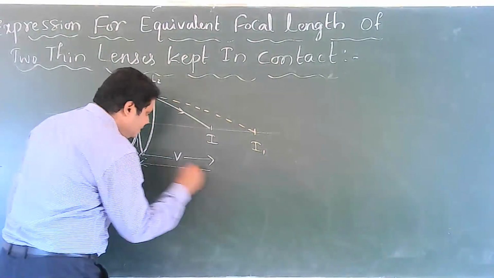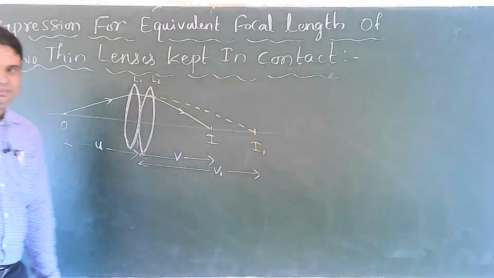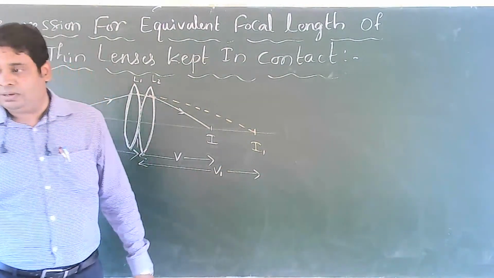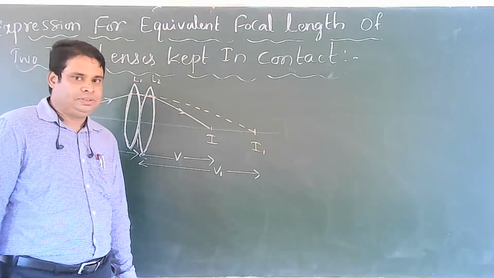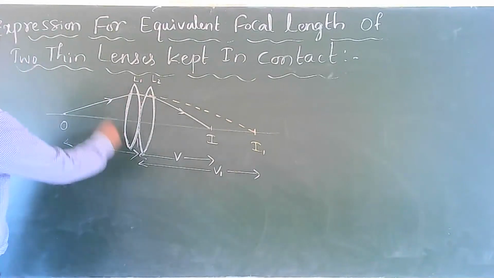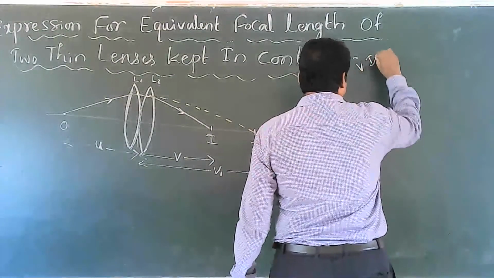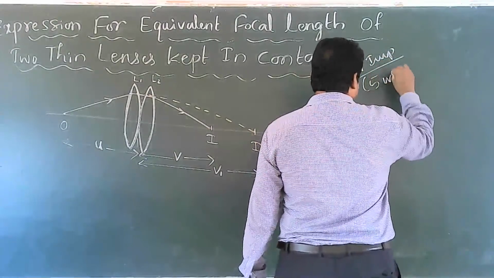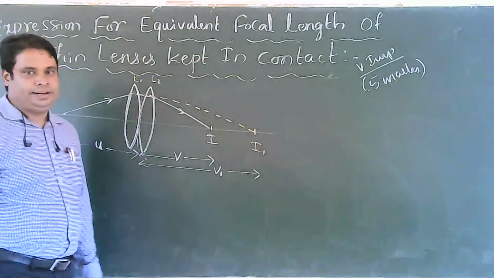And let V1 be the distance of this image formed in the absence of the second lens. It's very simple, but at the same time very important derivation, very important.